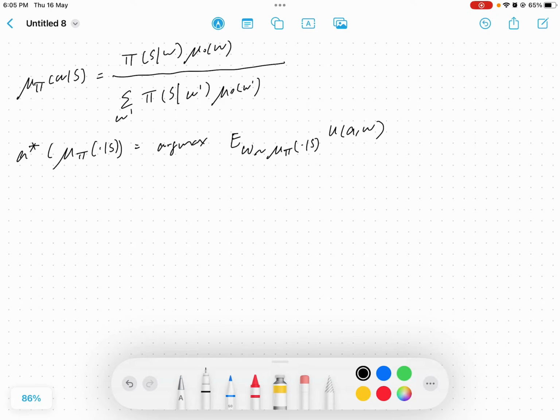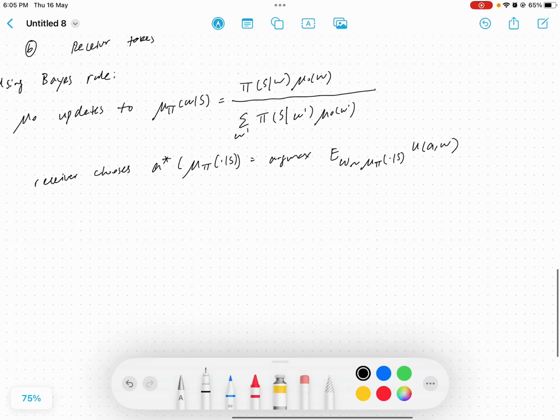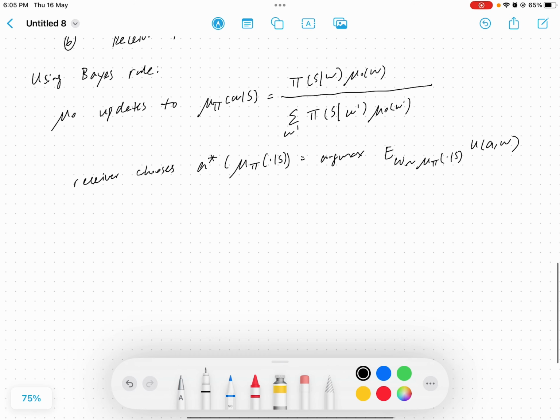All right. So given that, we solve this game backward. So given the behavior of the receiver, right, then we solve the sender's problem, right? So the sender solves the following problem.